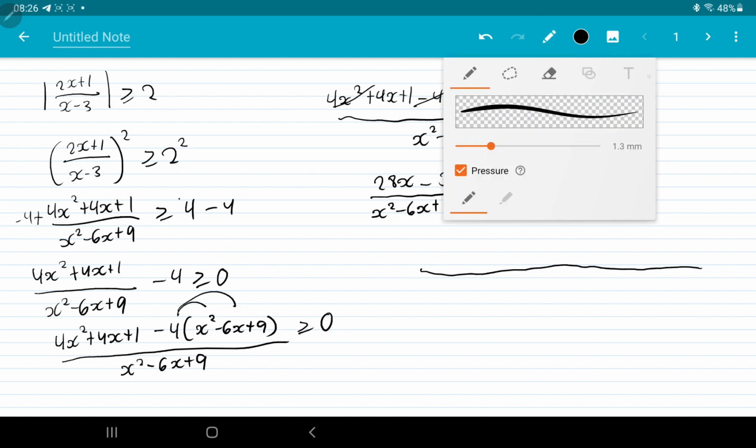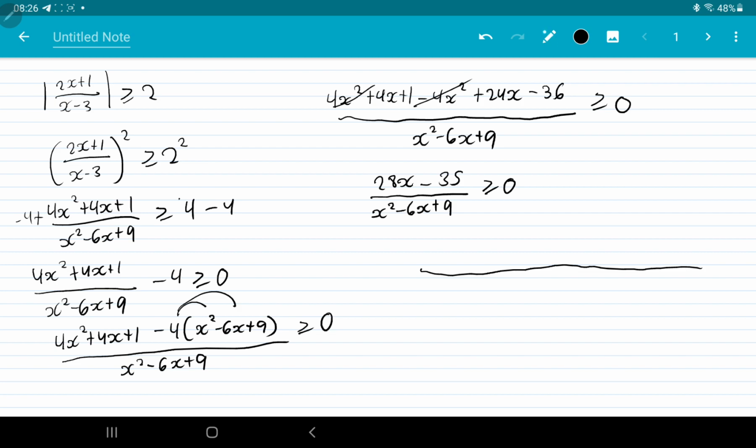First things first, we have to find each x value when it is equal to 0.